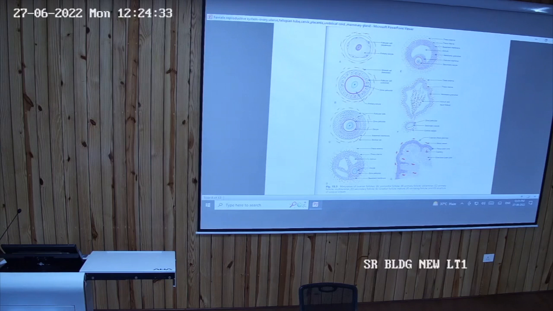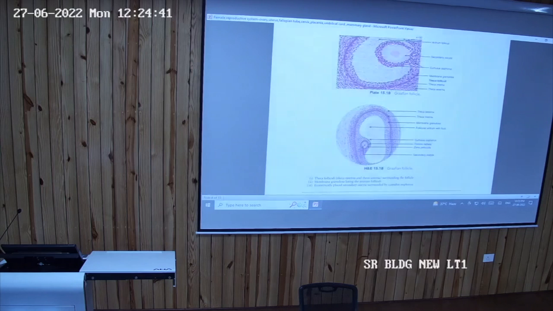And the function of this is forming the hormones. You can also see this picture. This is the theca externa part, and this is the theca interna part.